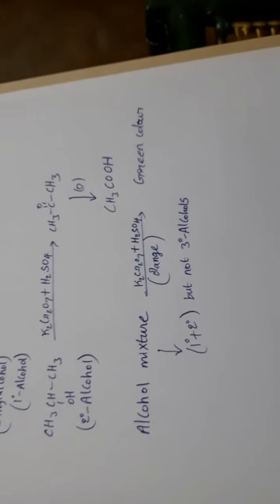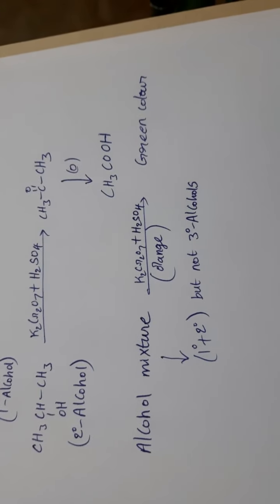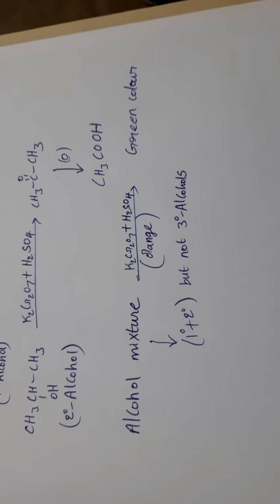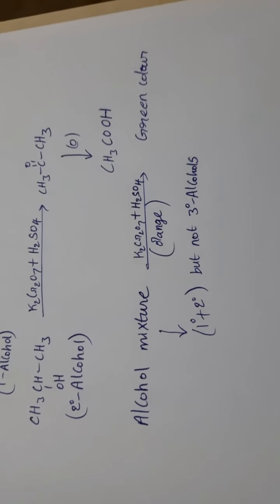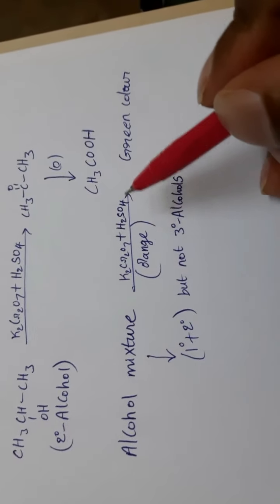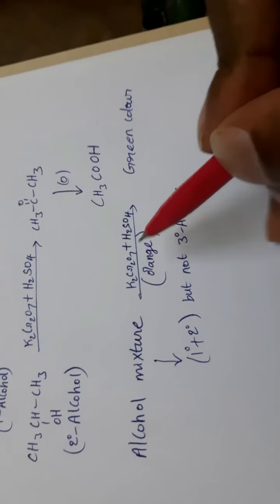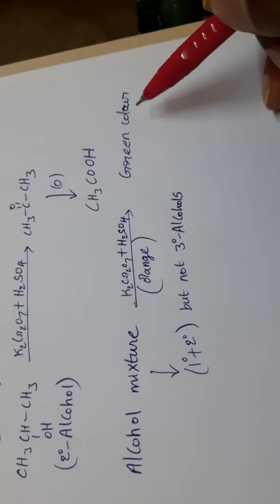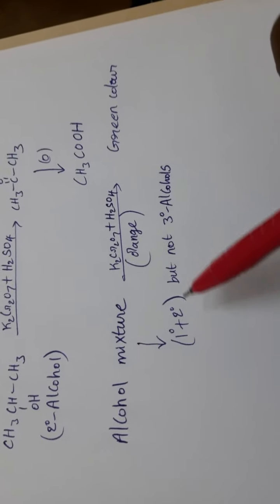Understand carefully. Alcohol mixture is given to you and you are asked to identify what type of alcohol are present in this mixture. Then that mixture is treated with K2Cr2O7 plus H2SO4. This reagent has orange color. After reaction, if we get green color, then we can say the given mixture contains primary and secondary.